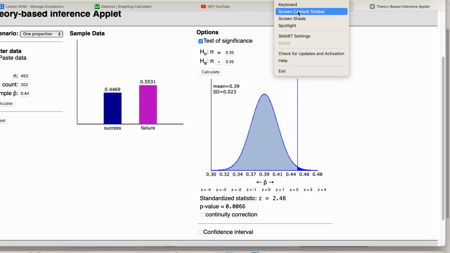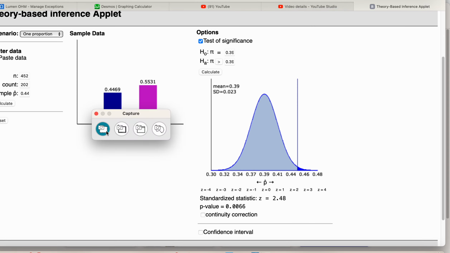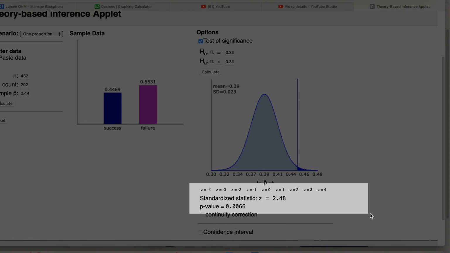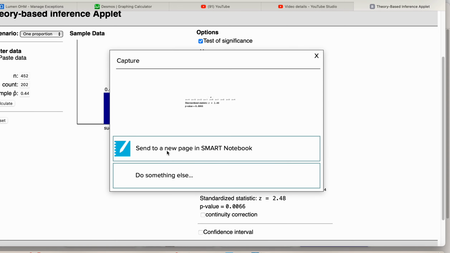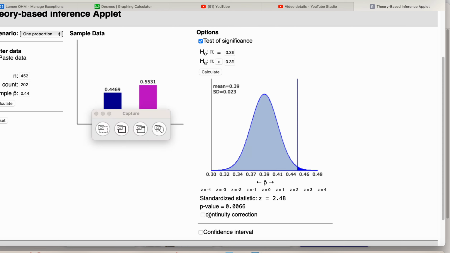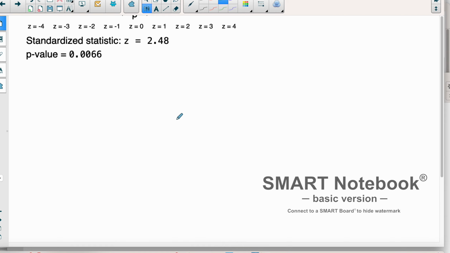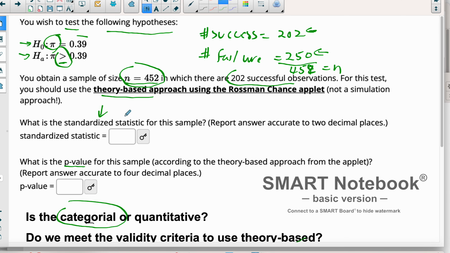So if I take this, okay, it's going to calculate my z-score and my p-value. Let's go back. Okay, so my standardized statistic, that is the same thing as my z-score, and my p-value is 0.0066.